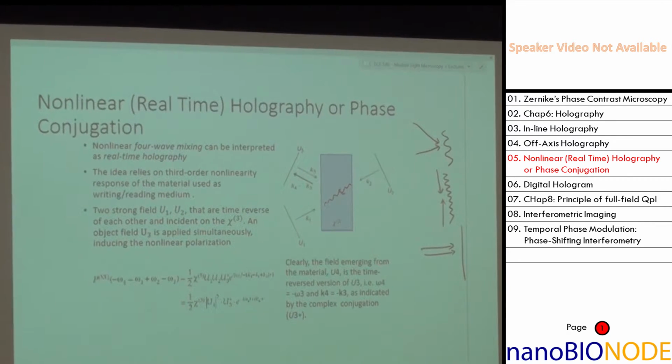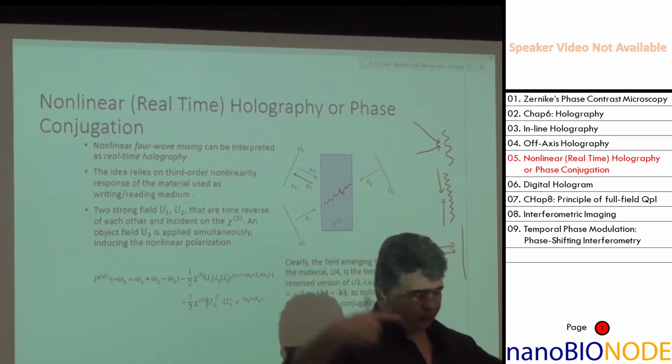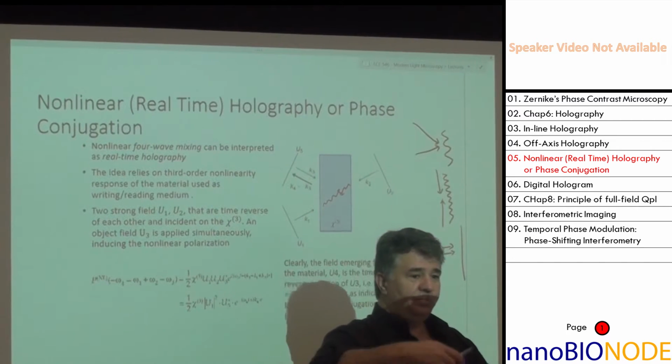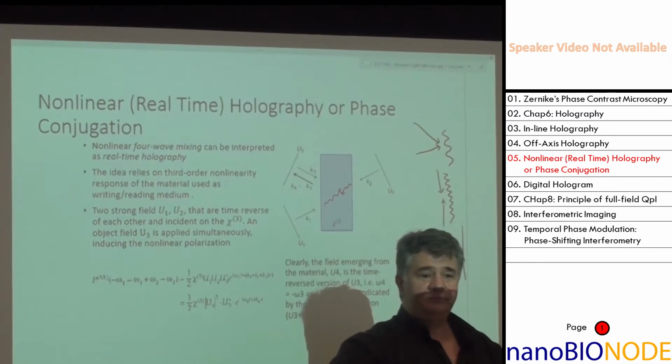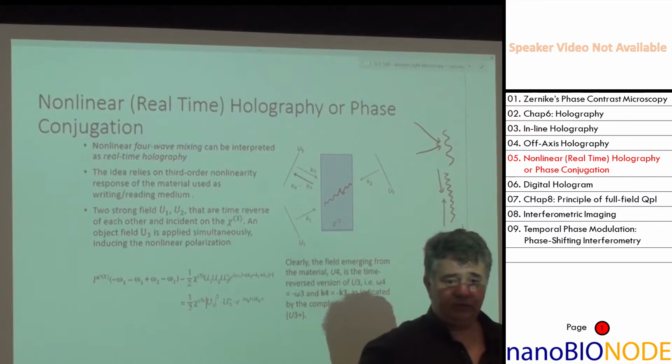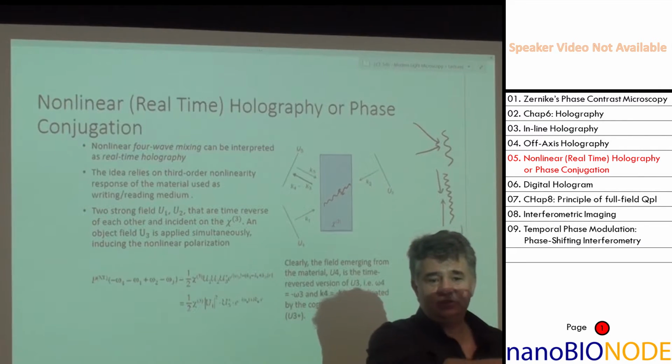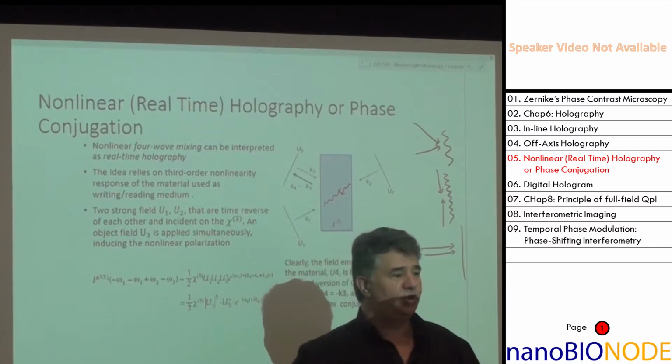Okay, so let me say one more time. I apply two beams, and the crystal becomes a grating. If you apply a third beam at any direction, that crystal is going to reflect perfectly back the opposite of what you put in.